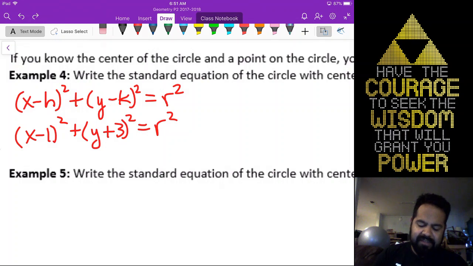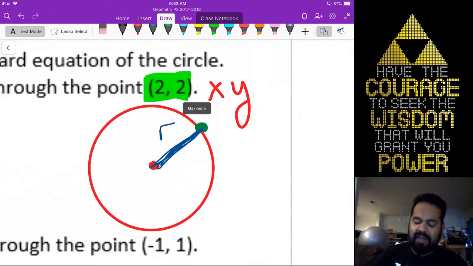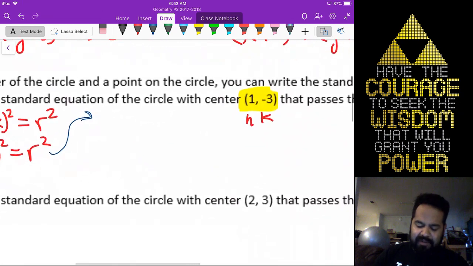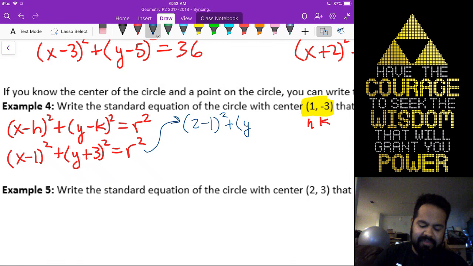But I'm going to show you what you can do. If you take this equation here and you simply plug in that point, the 2, 2, you can then work backwards to solve for r. So here's what I mean. Now you can say 2 minus 1 squared plus, I'm sorry, that was meant to be a 2, plus 3 squared equals r squared.